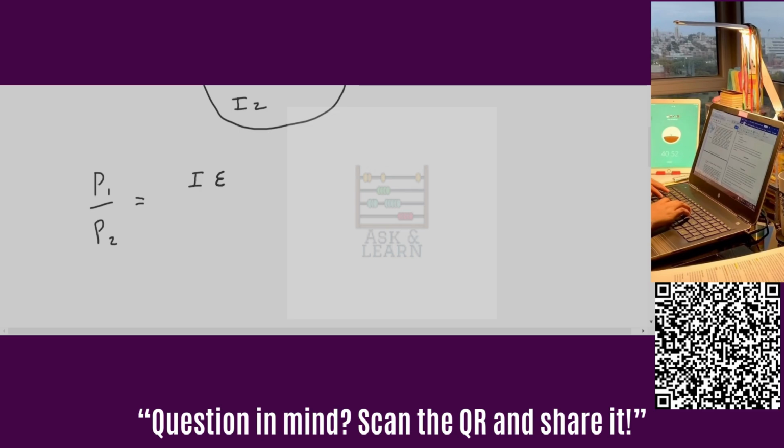And the EMF, or the current, is going to be unique to that circuit, right? And before we were saying the EMF was not going to be unique. It was going to be the same for both circuits.